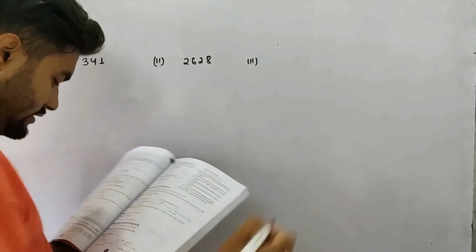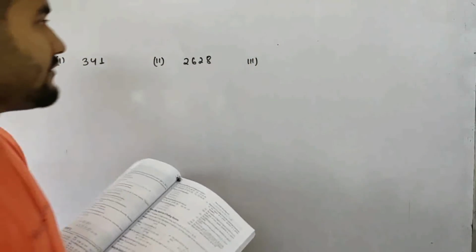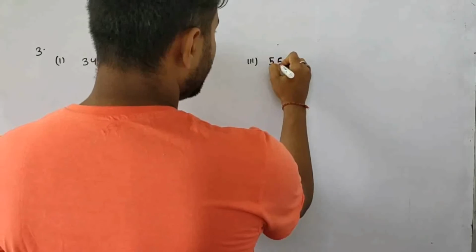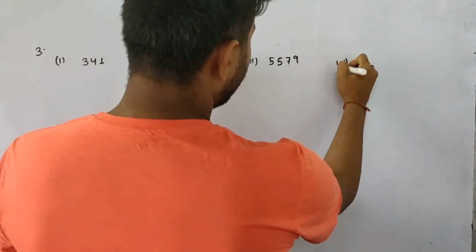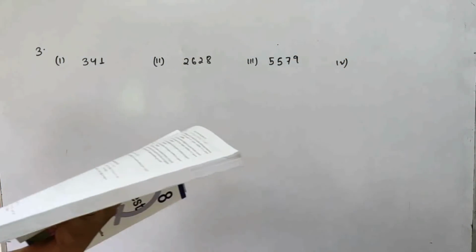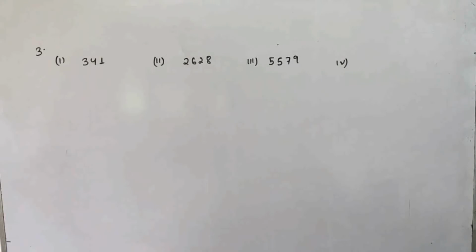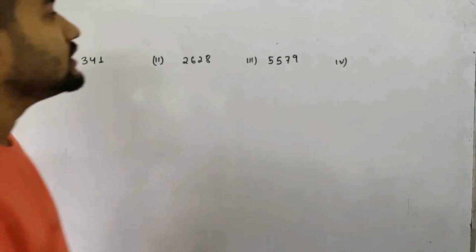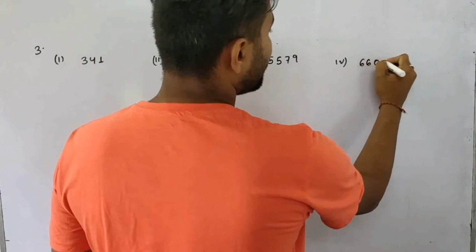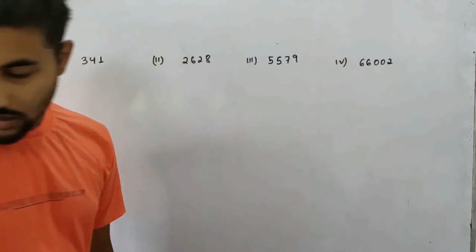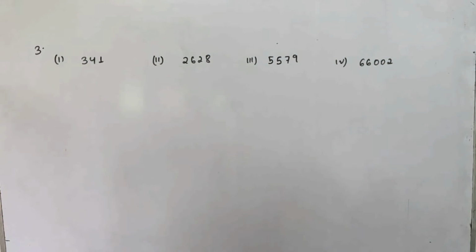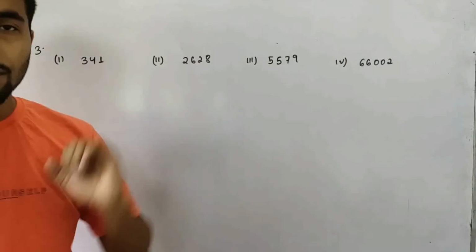Number 3: 5579. And number 4: 66002. The square of which of the following means if you square these numbers.